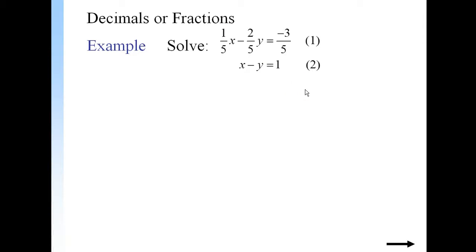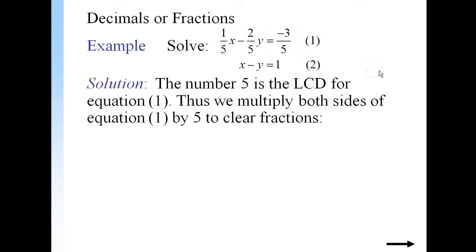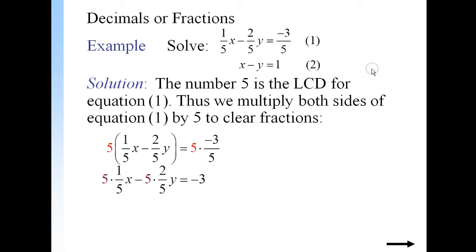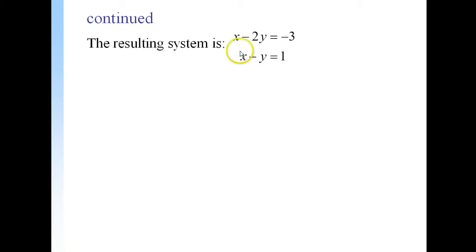Now, for our last example, they're giving us one that's a little bit challenging. What do we need to do first to get rid of fractions? This is from chapter 1. We have to multiply each term by 5, and that's what they're going to do. That is your lowest common denominator, and you get rid of all the fractions, and you now have this. So then, what you're going to do, I would suggest, is you multiply this equation by, let's say, a negative 2.